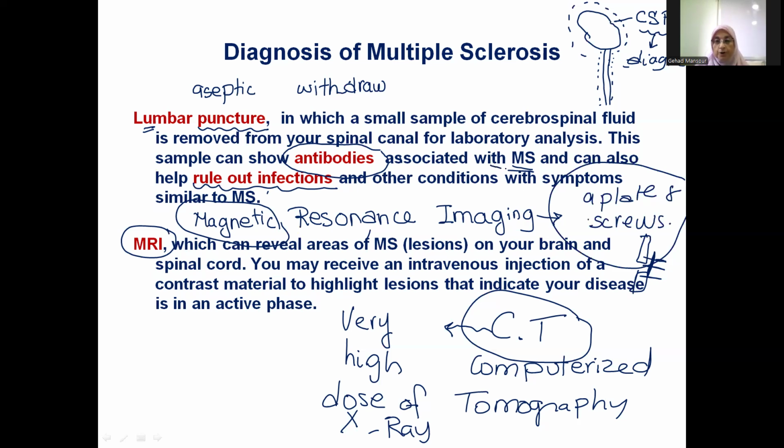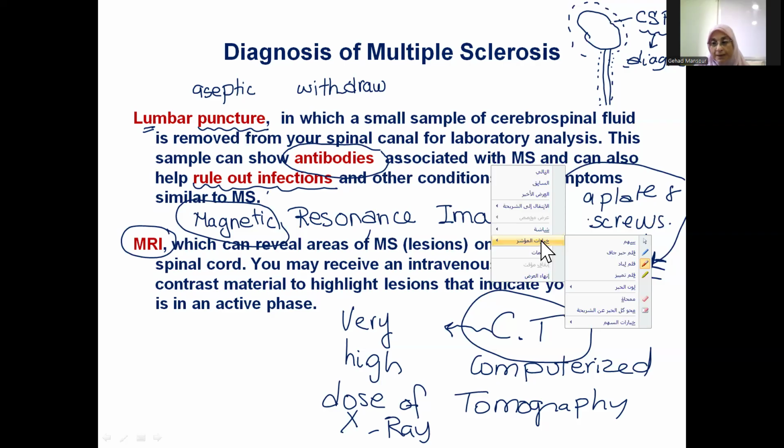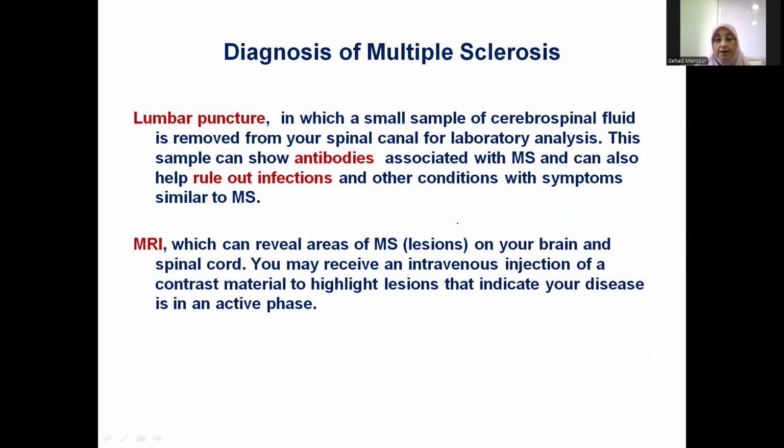The other concern about magnetic resonance imaging, but it's also a concern about CT scan, is that you can use an intravenous injection of a contrast material. The contrast material is like a dye that helps you visualize more the blood vessels, the ventricles, or the areas of the brain that contain the substance of the brain.